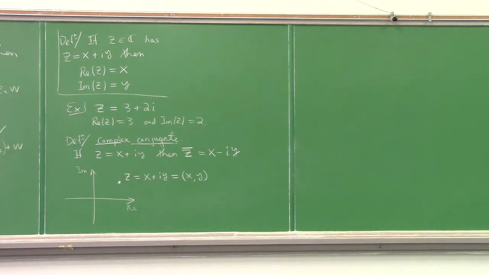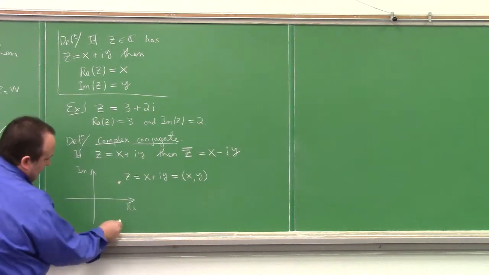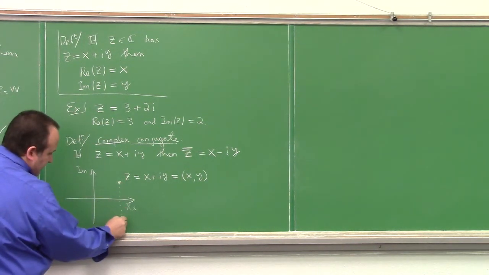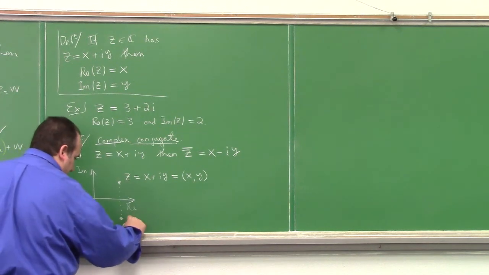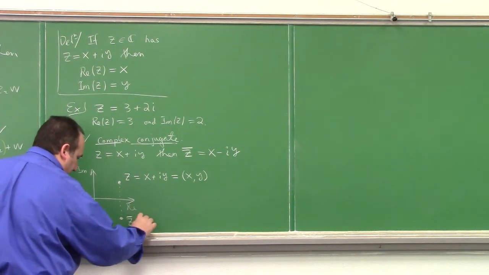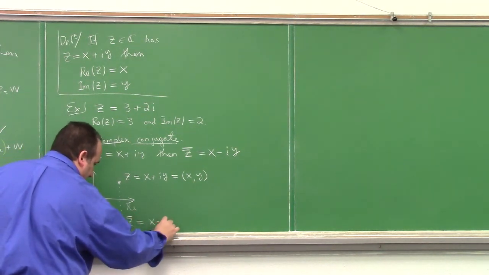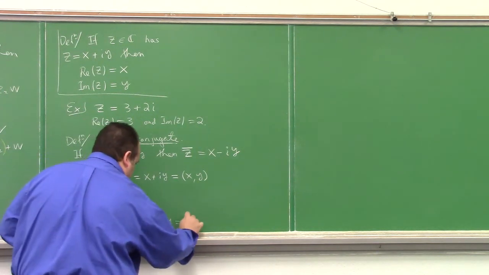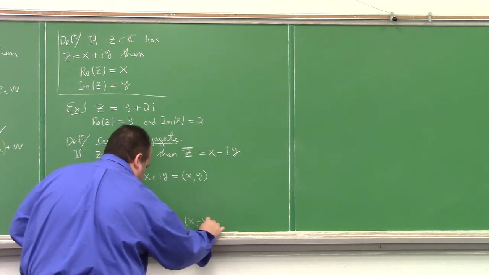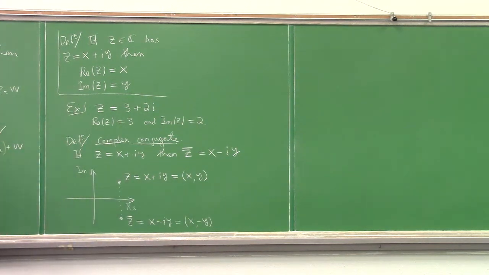It's got the same real coordinate, but the imaginary coordinate is minus whatever it was. So complex conjugation takes your complex number and flips it over the x-axis, reflects it over the x-axis. So down here is your z bar, all right? So that's complex conjugation.